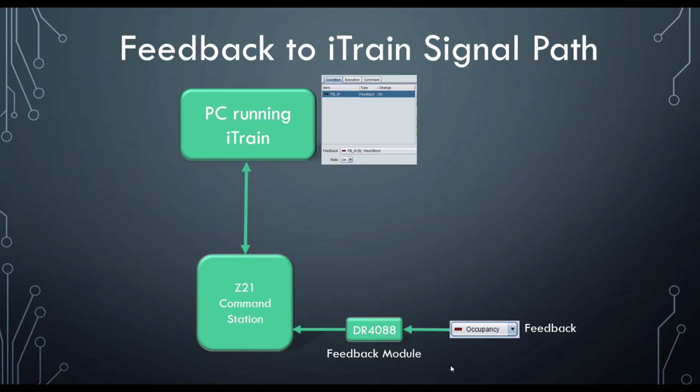That information is then sent on to a feedback module such as the DigiGuise DR4088 shown here. It then sends the information into our command station, maybe the Roco Z21, and then on into iTrain.